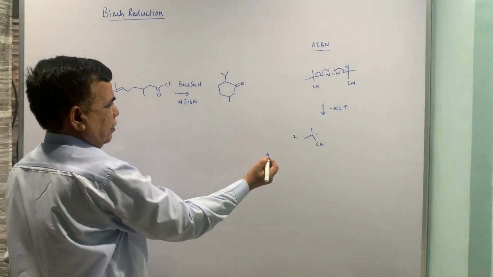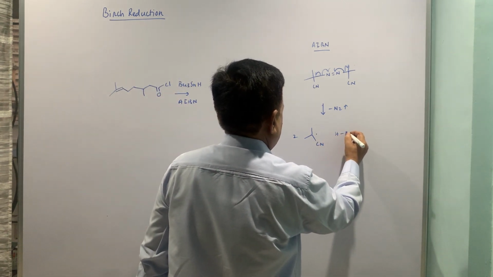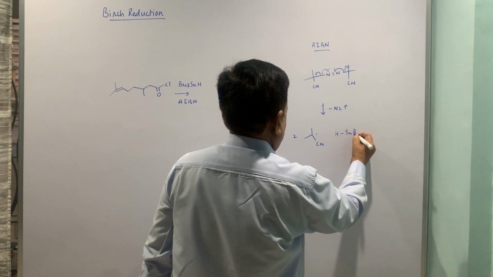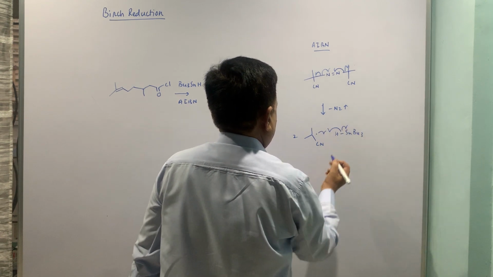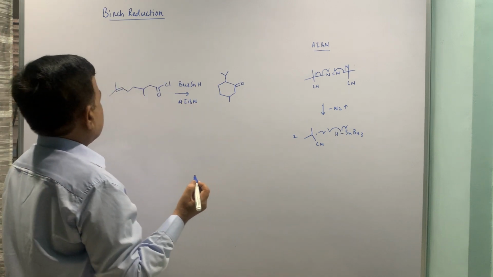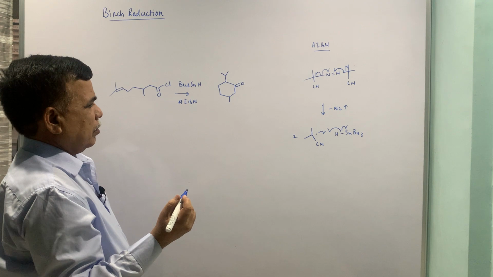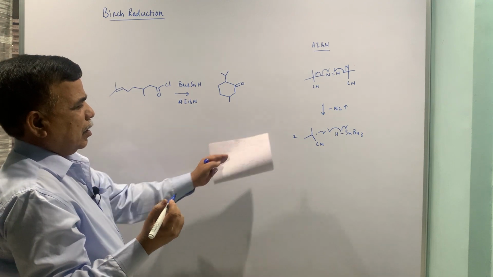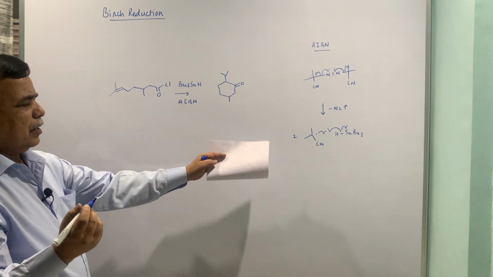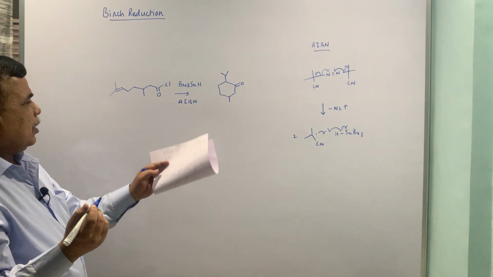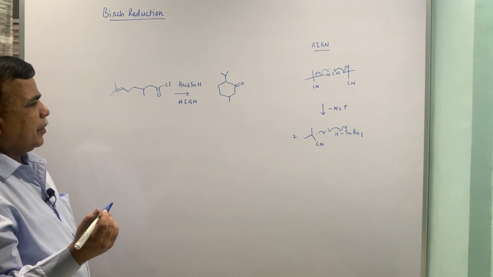So, let me put tributyl tin hydride here, Sn tributyl, let me put it like this. So, it can take up proton and becomes the saturated compound. Tributyl tin on the other hand remains a radical.